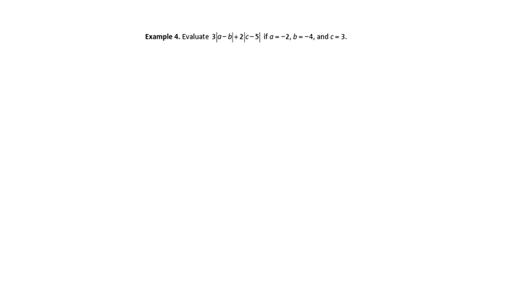So this example introduces absolute values, which is still grouping. So you start by plugging in the numbers where they go. So I have 3. A is -2 minus my B, which is -4, plus 2.